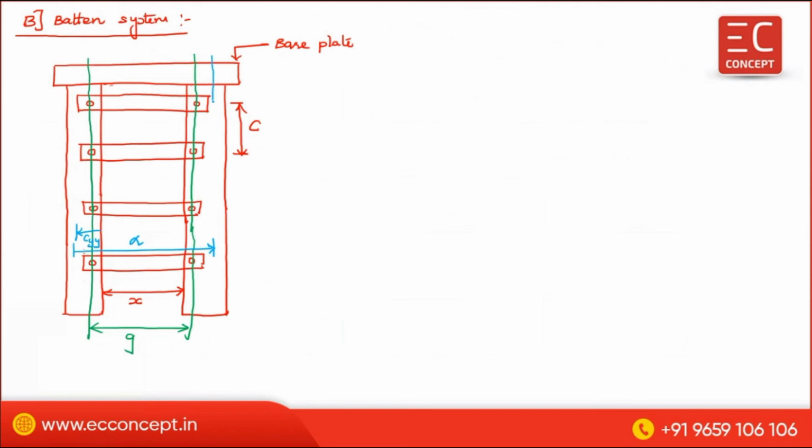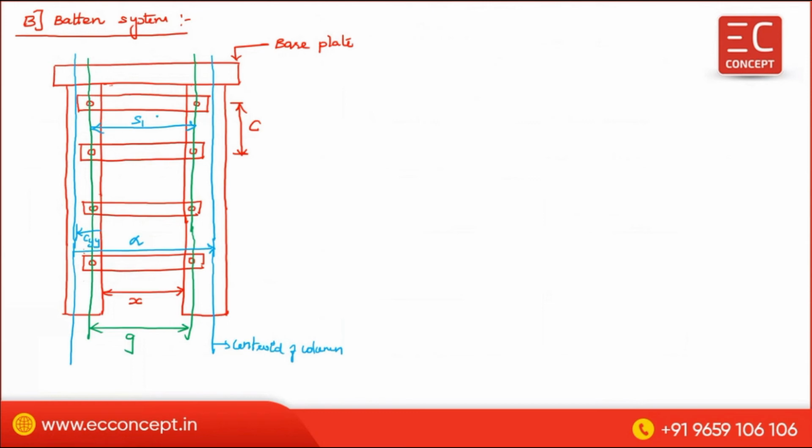This is the centroid of the column. Here also centroid of column. Okay. Now, this is S1. S1 is the distance between the centroid of first bolt, inner bolt.